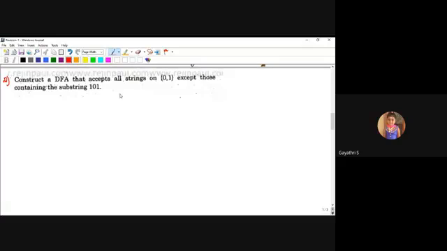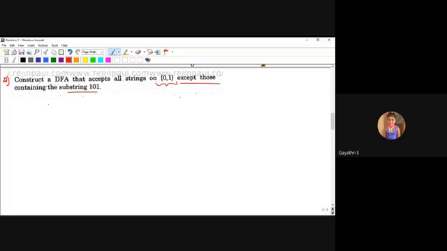So in this problem, you are going to construct a DFA, deterministic finite automata, where sigma belongs to 0 and 1, and the DFA accepts all the strings except those containing the substring 101.